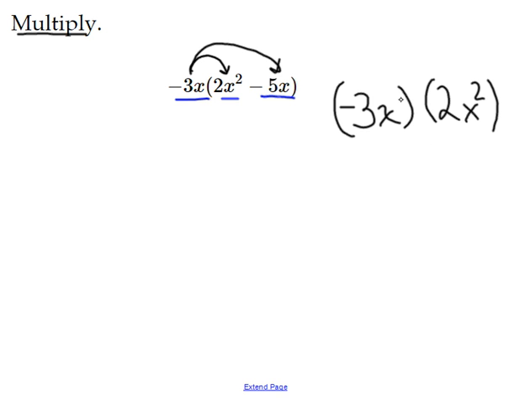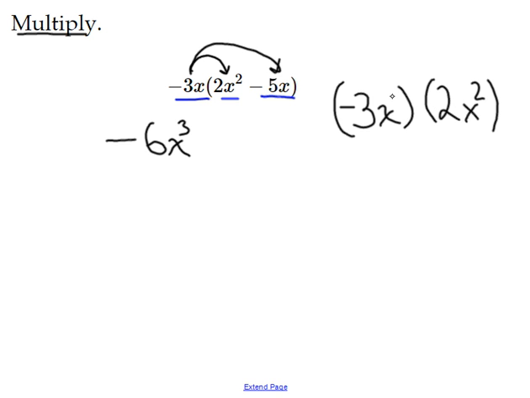So let me just give you a little reminder. A negative times a positive is a negative. So we know we're going to get a negative here. Negative times a positive. 3 times 2 is 6, so that's going to give us negative 6. X times x squared is x to the third.